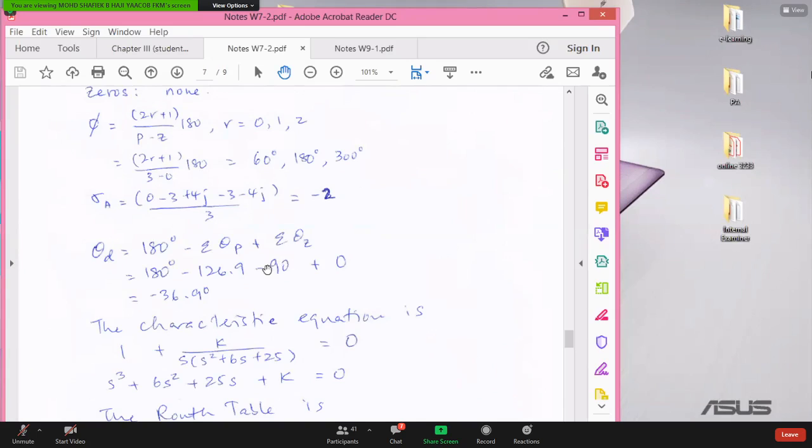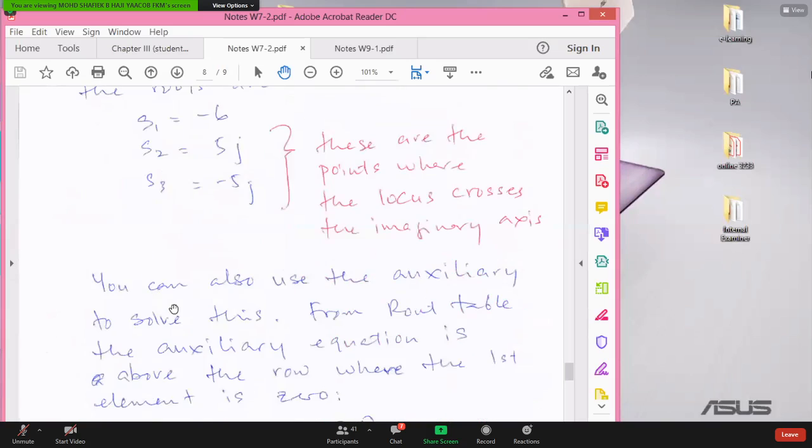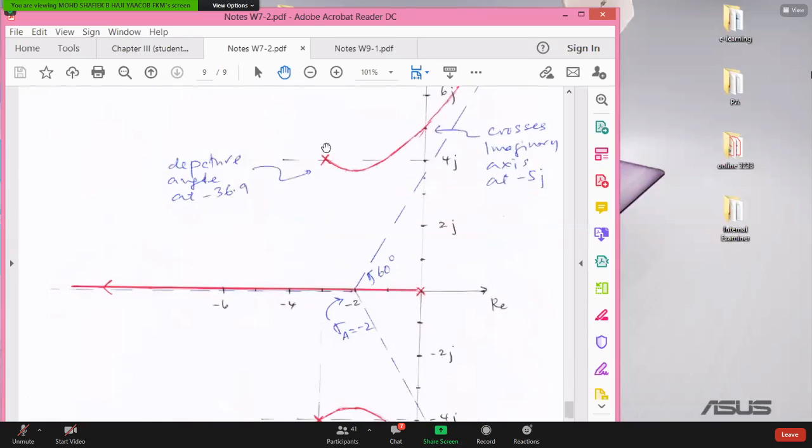So this is your departure angle: 180 minus 90 from the complex pole, and minus 126.9 from the pole at the origin. You can compute that, so the departure angle is now negative 36.9 degrees. So it's going to leave the complex pole at an angle of negative 36.9 degrees going down, where 0 degrees is to your right.